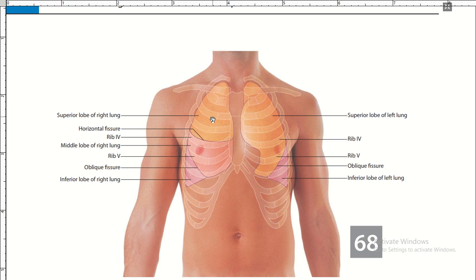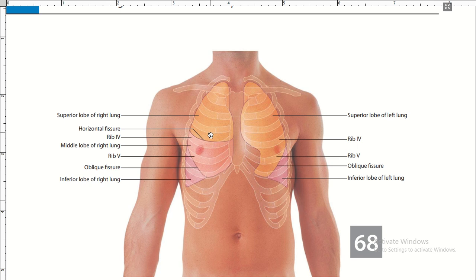Good. As for the transverse diameter, it is caused by the raising of your lower ribs. Raising of the lower lateral shaft portion of your lower ribs is going to increase your transverse diameter.